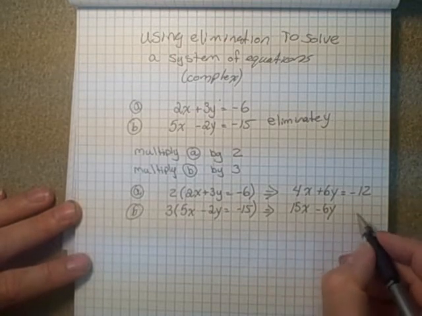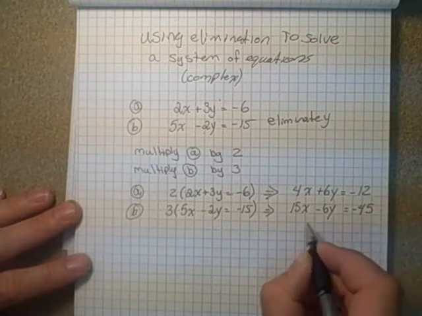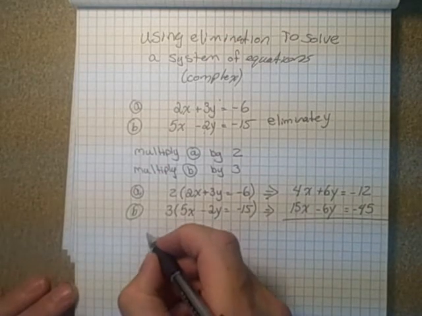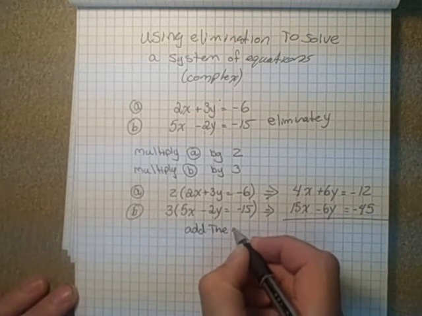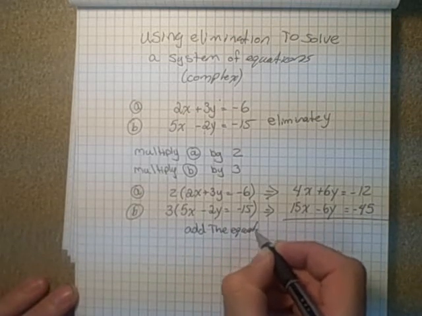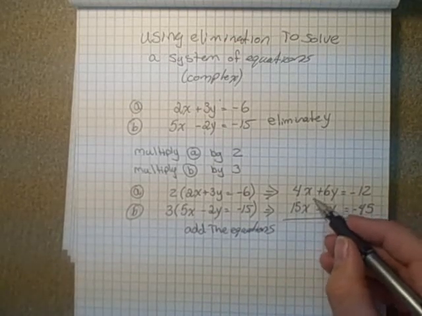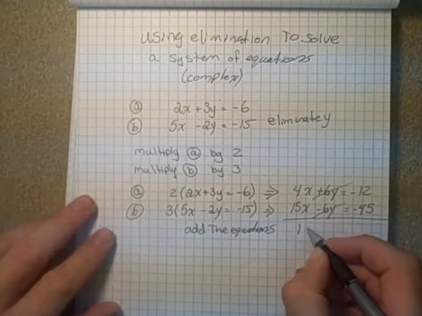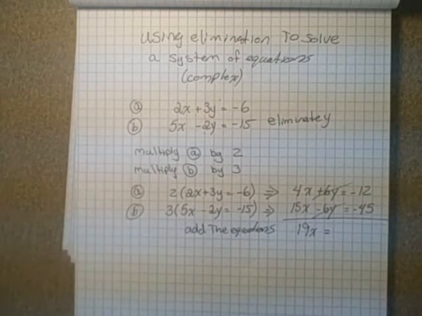And 3 times negative 15 is negative 45. So the next step then is to add the equations, to eliminate this y here. 4x and 15x gives us 19x. And this would end up giving us negative 57.